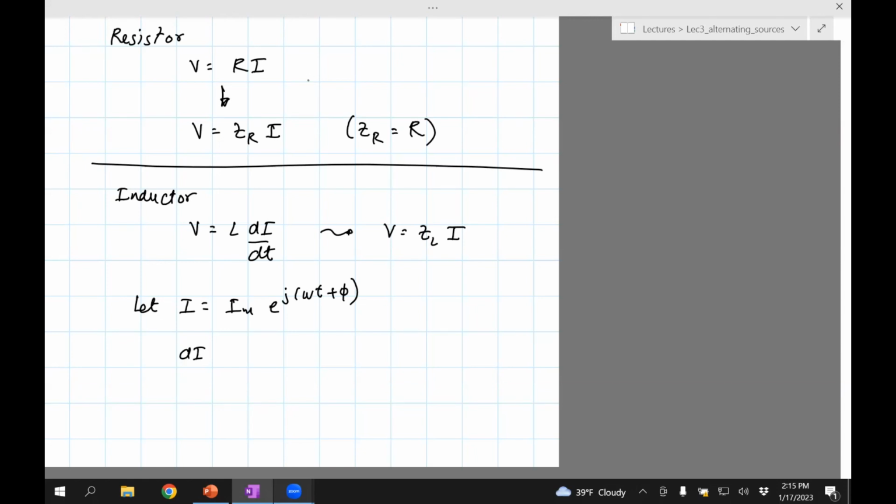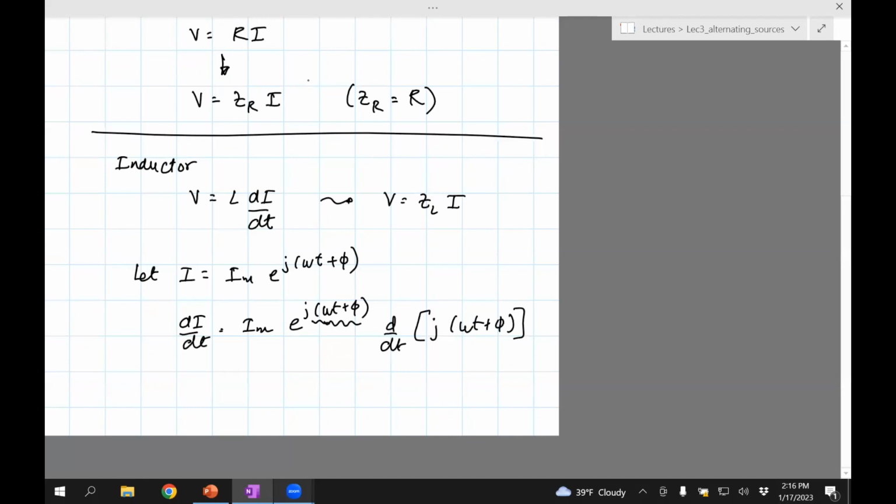So we have di/dt. Here Im is a constant. The derivative of an exponential is basically the exponential itself, and then you take the derivative of the exponent. So d/dt of j(omega t plus phi), applying the chain rule.